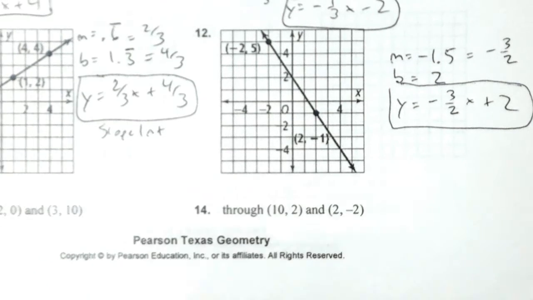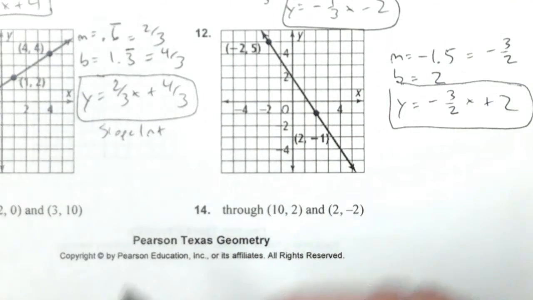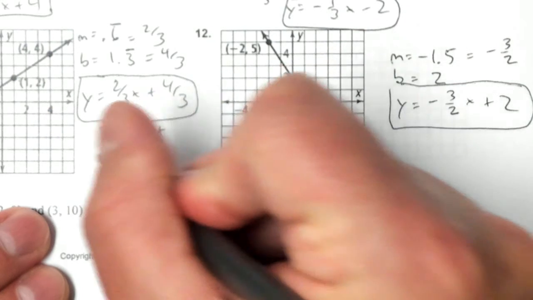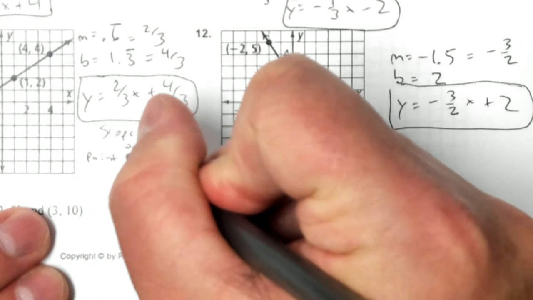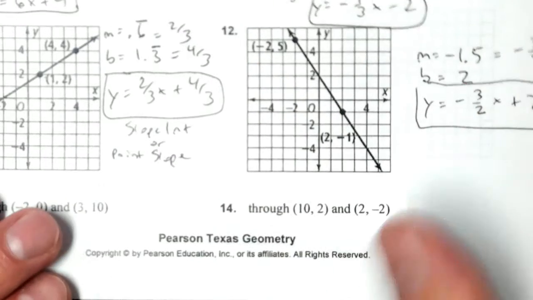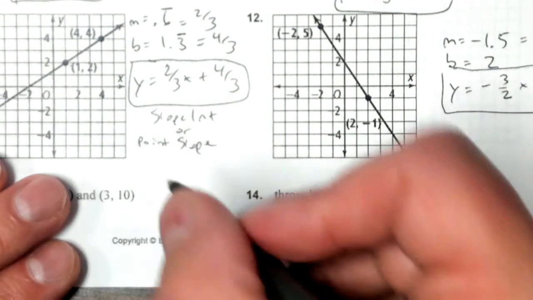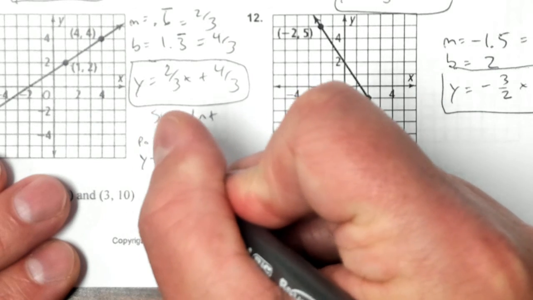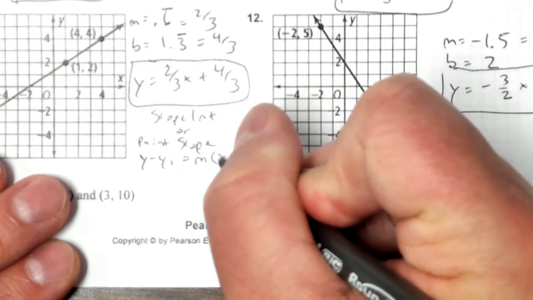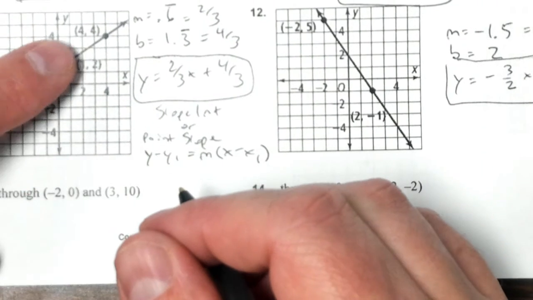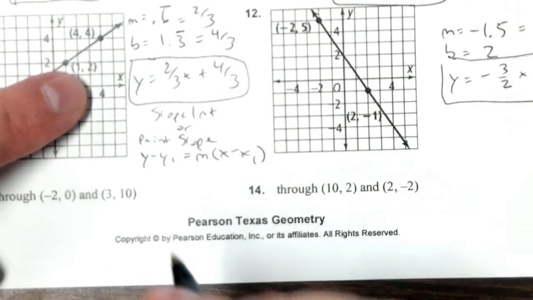If it tells you to do point slope instead, it's one step harder. The point slope would be y minus y1 equals m times x minus x1. And so you pick either one.